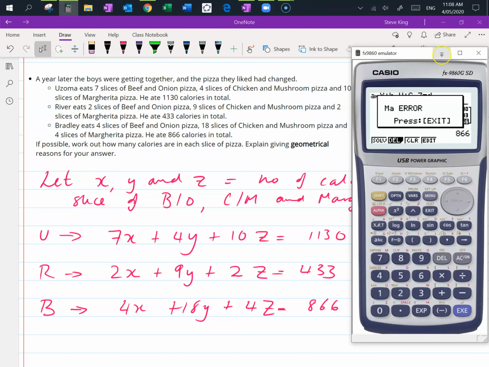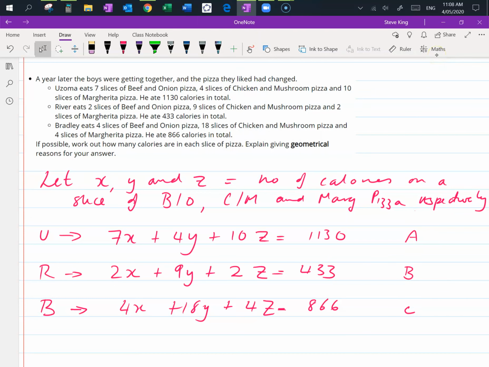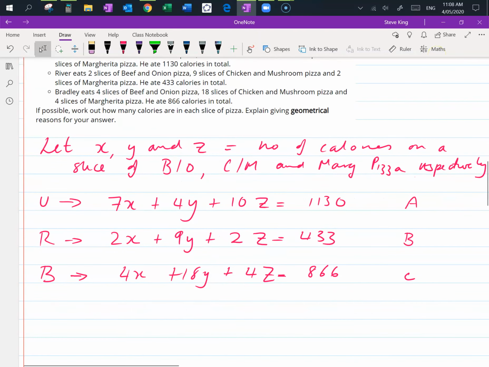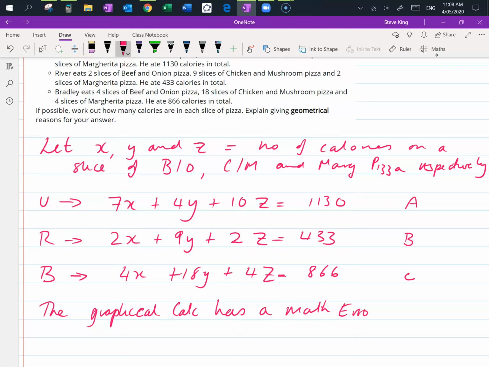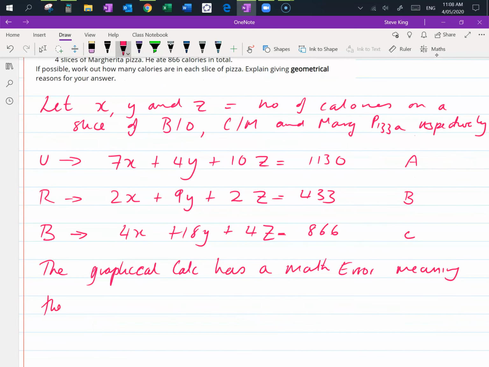So from that, we know that the equations are either going to be consistent or inconsistent. So we can say here the graphical calculator has a math error, meaning there is no one solution.